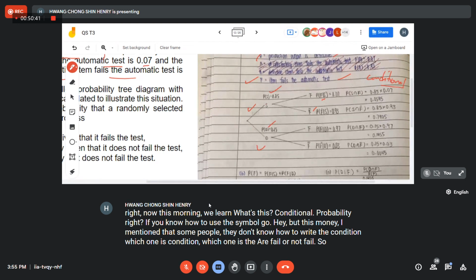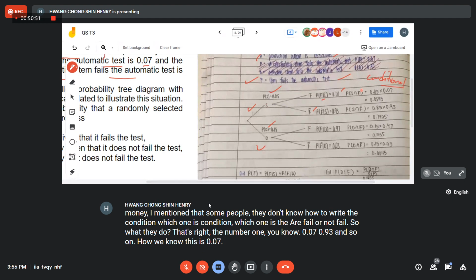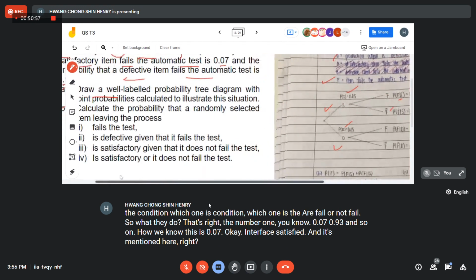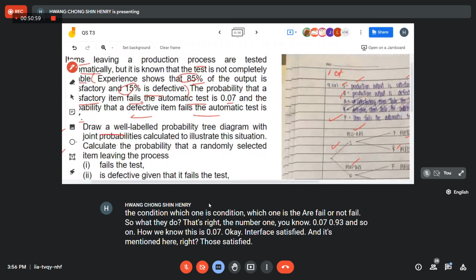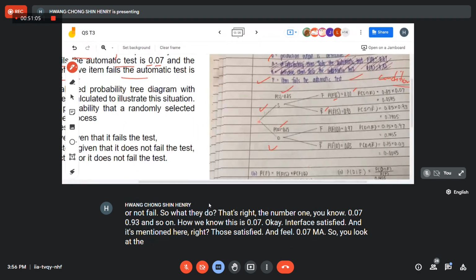So what they do is just write the number only, 0.07, 0.93, and so on. How do we know this is 0.07? Okay, interpret. Satisfied, and it's mentioned here, right? Those satisfied and fail, 0.07. So you look at the branches here, satisfied and fail. So this one is 0.07.